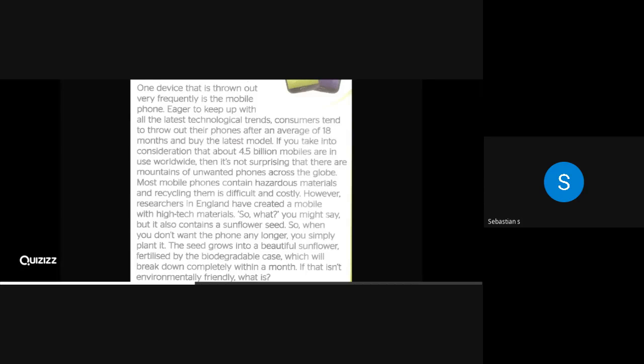However, researchers in England have created a mobile with high-tech material. So what? you might say, but it also contains a sunflower seed. So when you don't want the phone any longer, you simply plant it. The seed grows into a beautiful sunflower, fertilized by the biodegradable case, which will break down completely within a month. If that isn't environmentally friendly, what is?